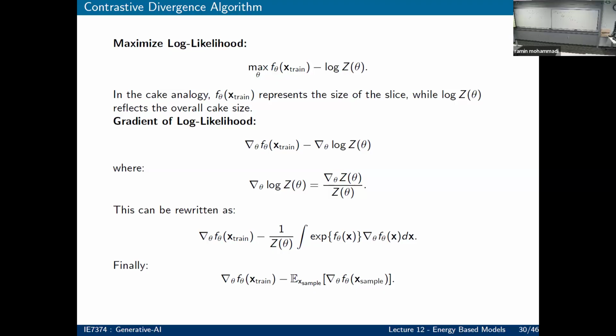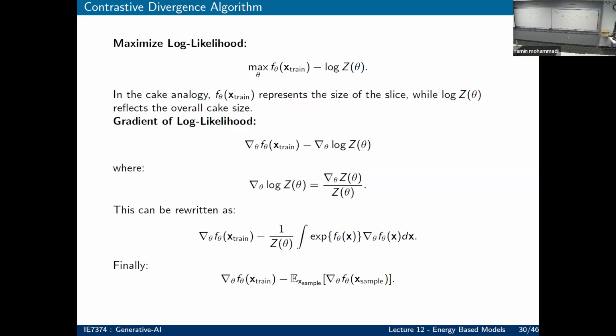So we have this term, the gradient of f theta of x, minus the gradient of Z theta over Z theta. This is the second term. About Z theta, what we know is that it is an integration over all possibilities. So that's the Z theta.